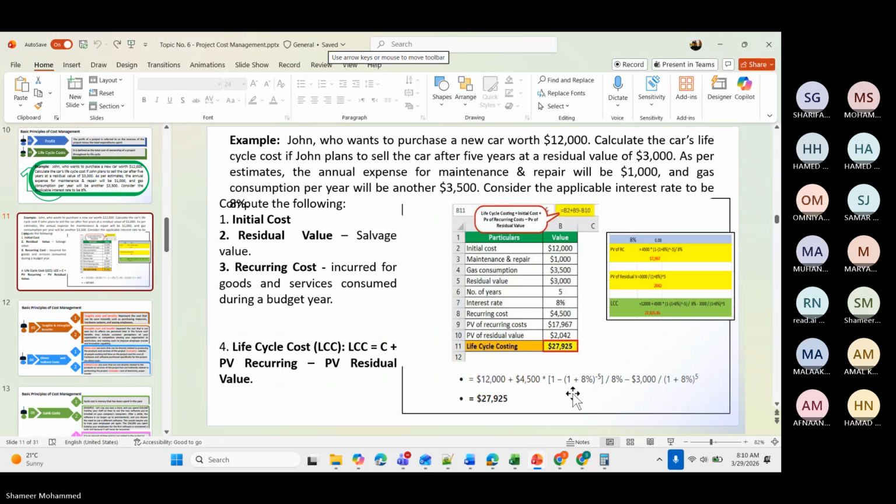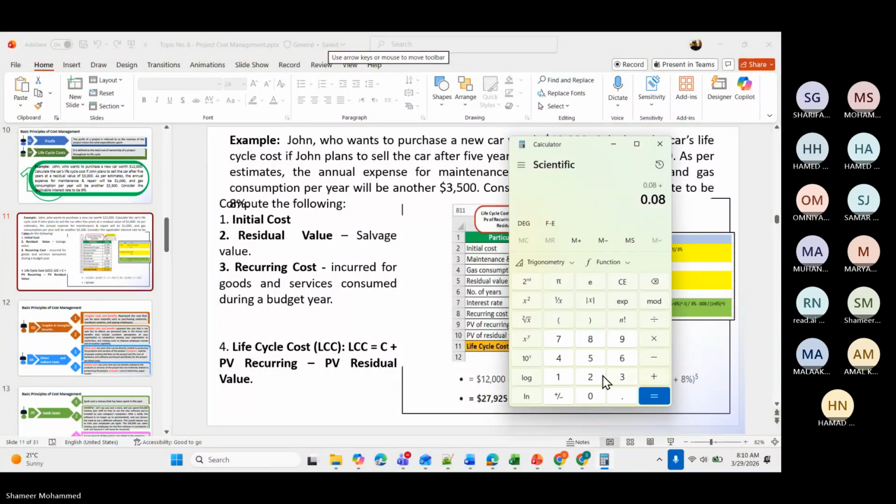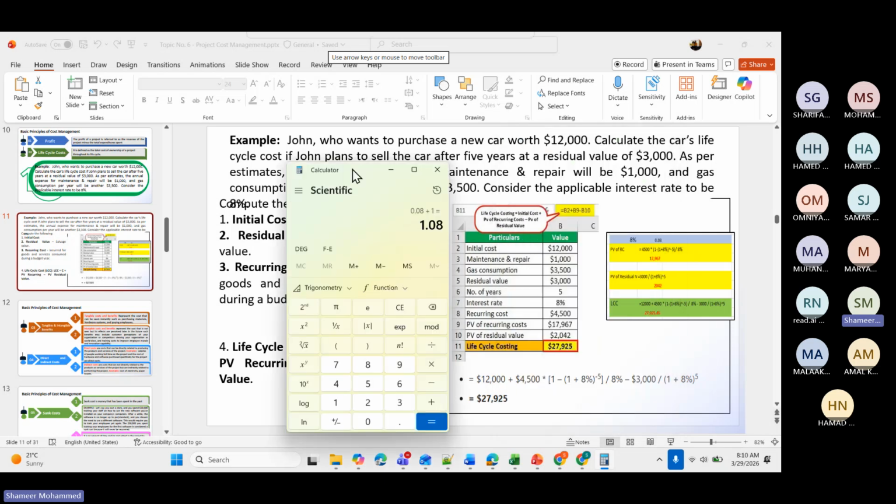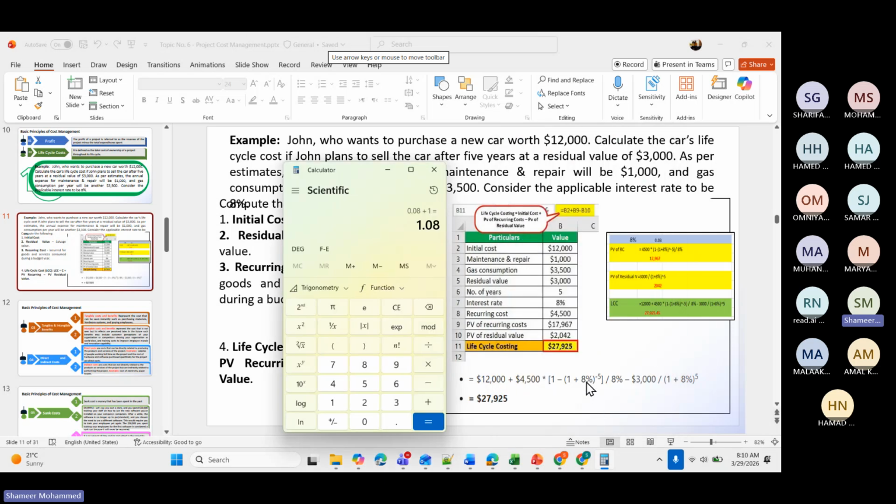0.08, that you see is given here. So 1 plus 1.08, right? Then to the power of minus 5. X power y you have to take here. To the power of 5, but this is a negative value, so here you have plus minus.